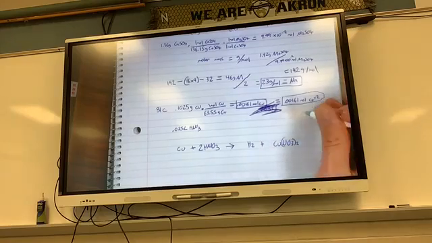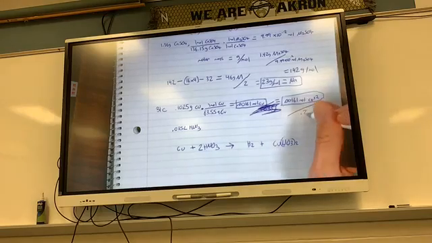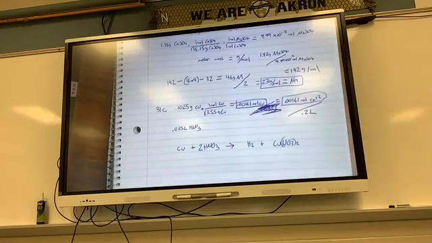So I would just take your moles and divide it by what? Liters. What's my liters? 200 milliliters, which is 0.2 liters. Wait, no, I made the wrong one, sorry. So 0.00161 divided by 0.2, I get 0.00805.